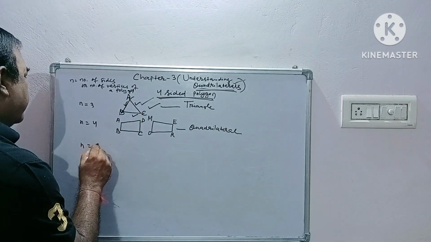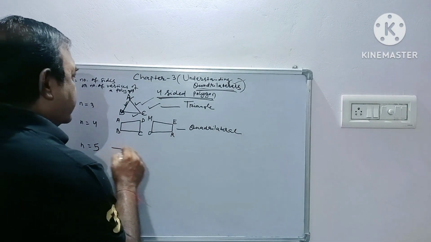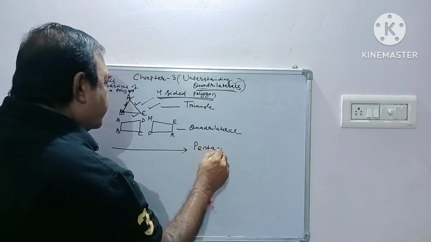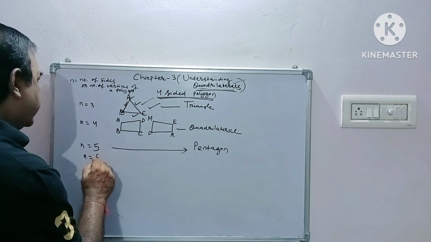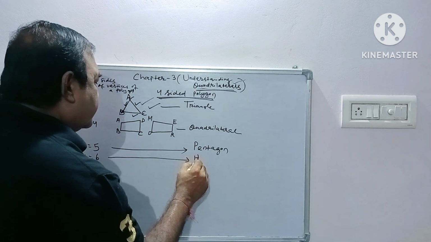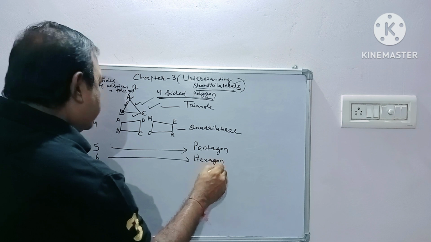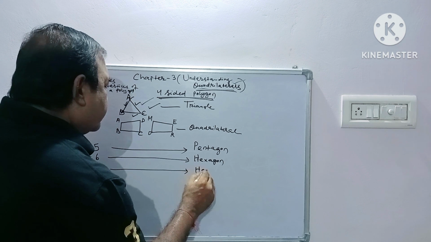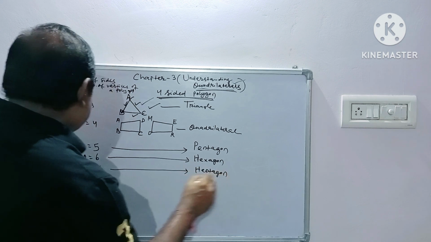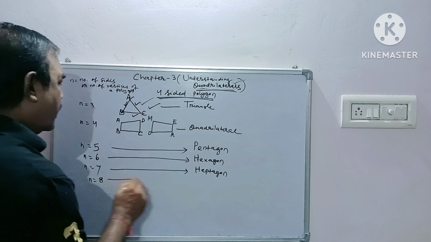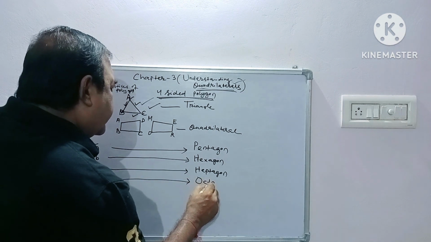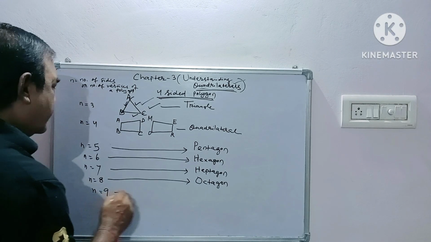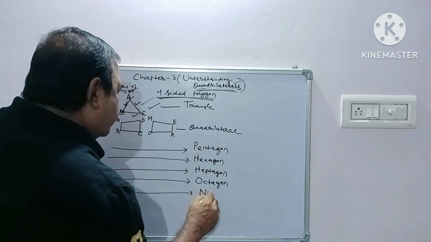And if n is equal to 5, you will call it pentagon. If n is equal to 6, hexagon. n is equal to 7, heptagon. n is equal to 8, octagon. Octa means 8. If n is equal to 9, nonagon.